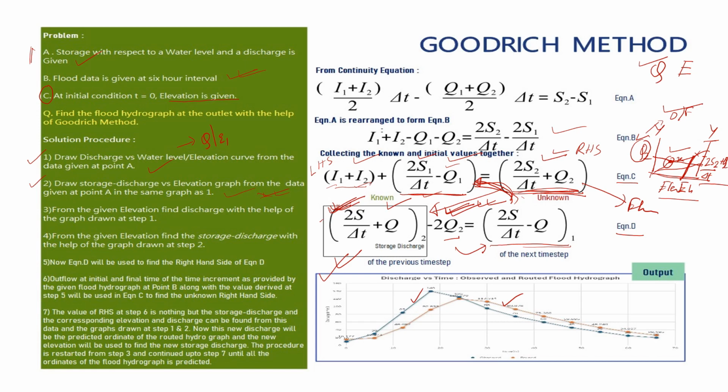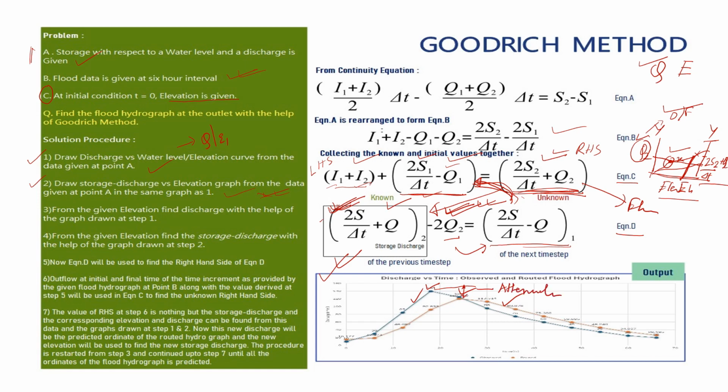You note that this inflow hydrograph peak is greater than the outflow hydrograph peak, certainly, because there is resistance in the reservoir, which will reduce the intensity of the flow. So the peak will diminish, and this diminishing of peak from the inflow hydrograph to the outflow hydrograph is known as attenuation.